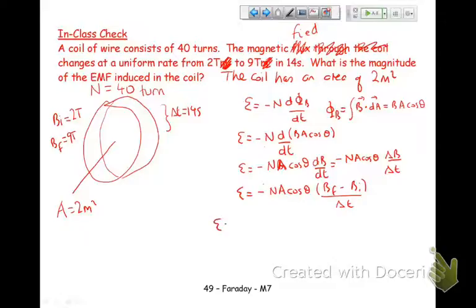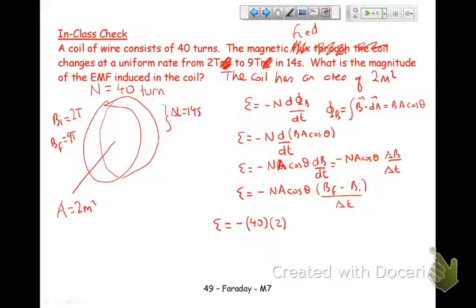So then my EMF is equal to minus N, minus 40, looking at my diagram now, times my A, and my A is equal to 2 meters. My cosine theta, in truth, I didn't give you any information about that, and I should have done. If this were a test question, by all means put your hand up and ask what direction this is in.